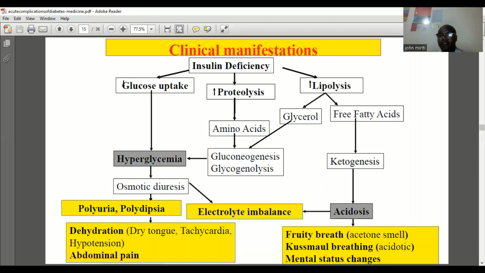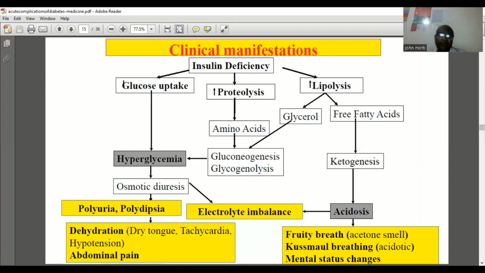The patient does not have enough insulin in the body. There is reduced glucose uptake by the adipose tissues, the muscles, and the liver. So there is a lot of glucose circulating in the blood, which is called hyperglycemia. We check and the glucose is high.